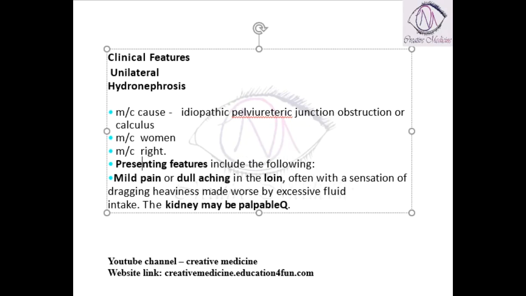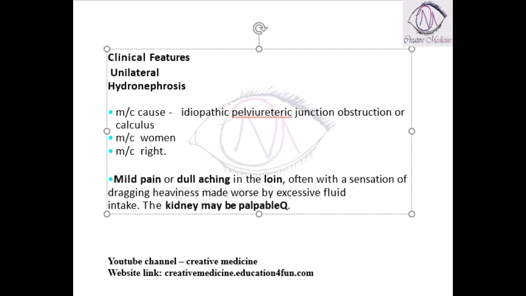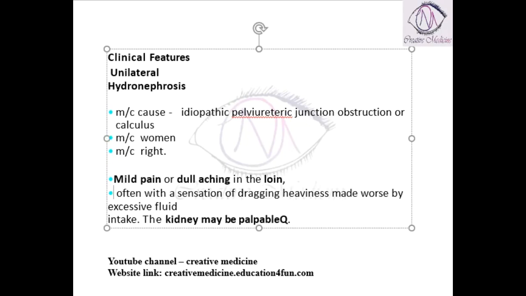A patient with unilateral hydronephrosis presents with mild pain or dull aching pain in the loin, that is, in the area of the kidney. He feels mild, dull aching pain, which is associated with a sensation of dragging and heaviness. Why is there heaviness?